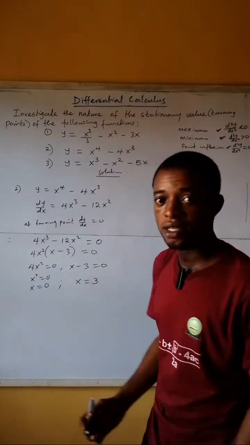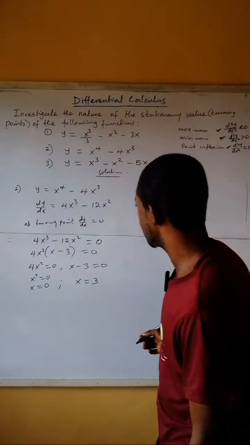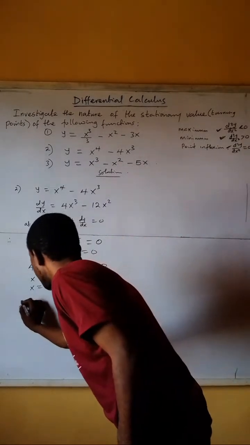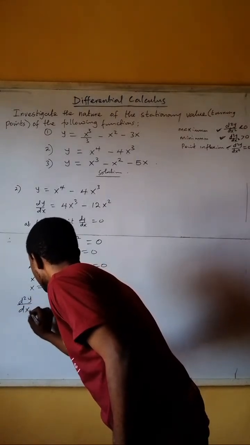Now, to investigate the nature of the turning points, we take the second order derivative. That is, we find d²y/dx².